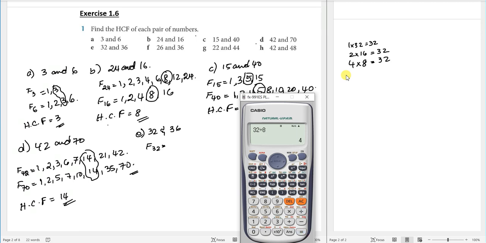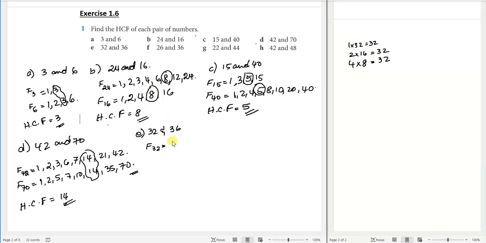The next is 32 by 8. Okay, good. So we have 1, 2, 4, 8, 16 and 32.